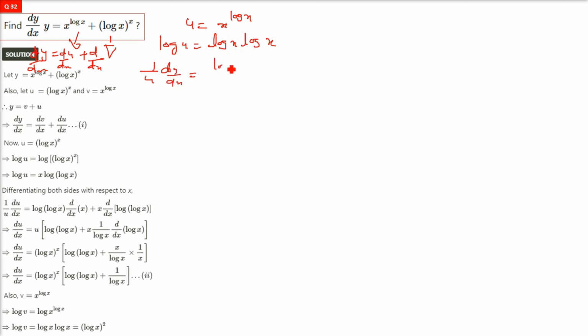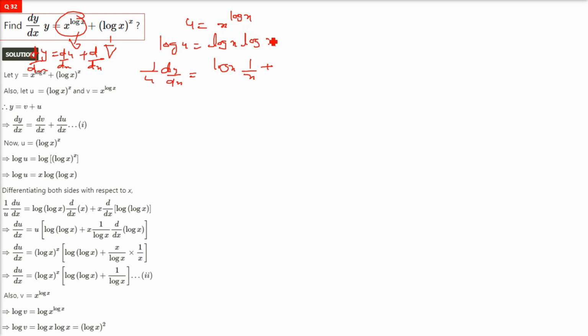So 1 by u du by dx will be twice of log x into 1 by x, that is twice of log x by x, same thing, right?